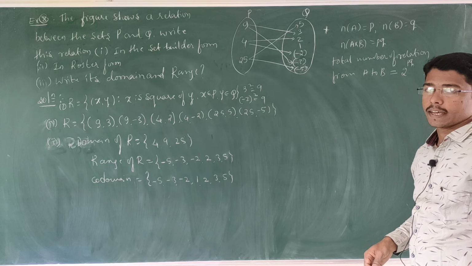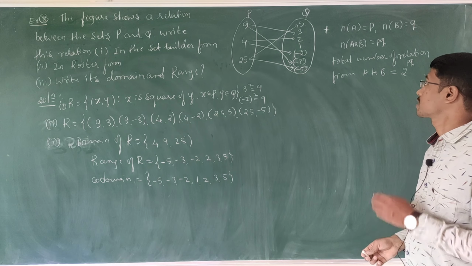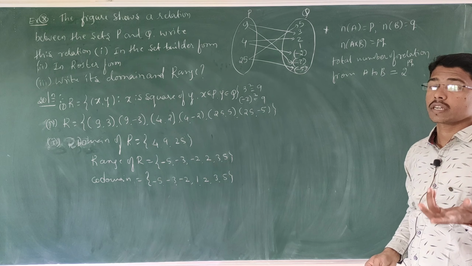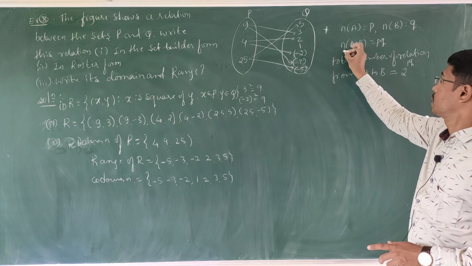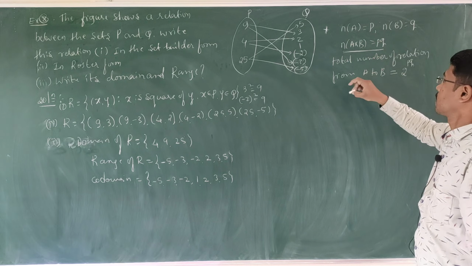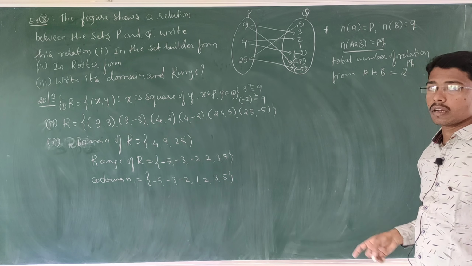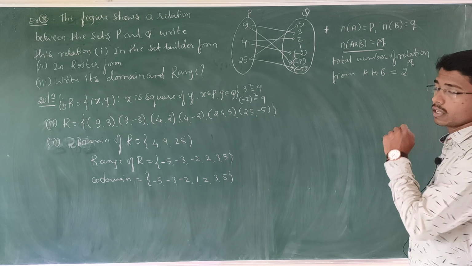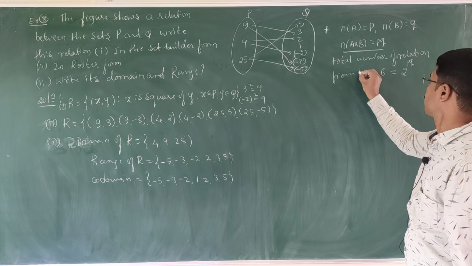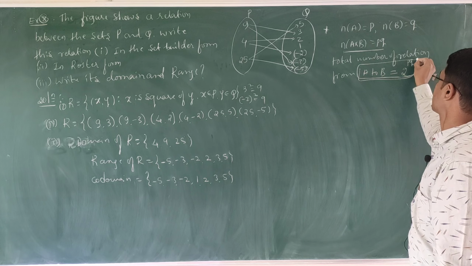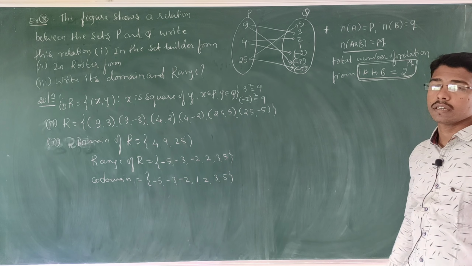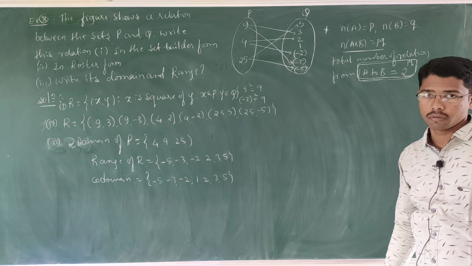As we write the number of subsets of a set, in the same manner the number of subsets of this set is 2 raised to PQ, which is nothing but the number of relations from the set A to the set B. So this is very important. The number of relations from the set A to the set B is 2 power PQ, right?